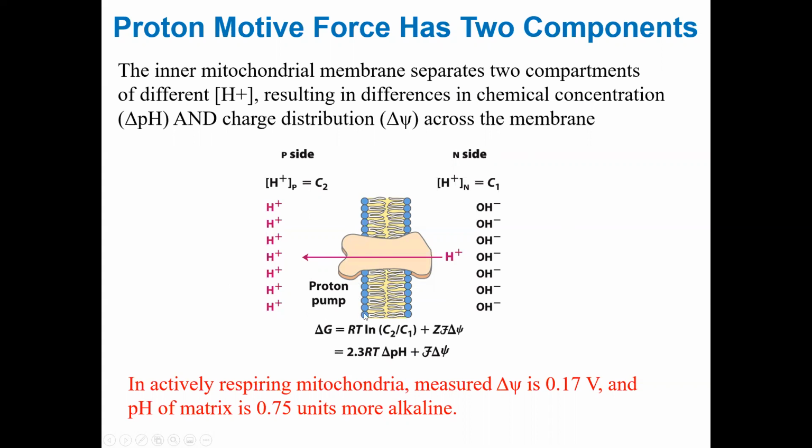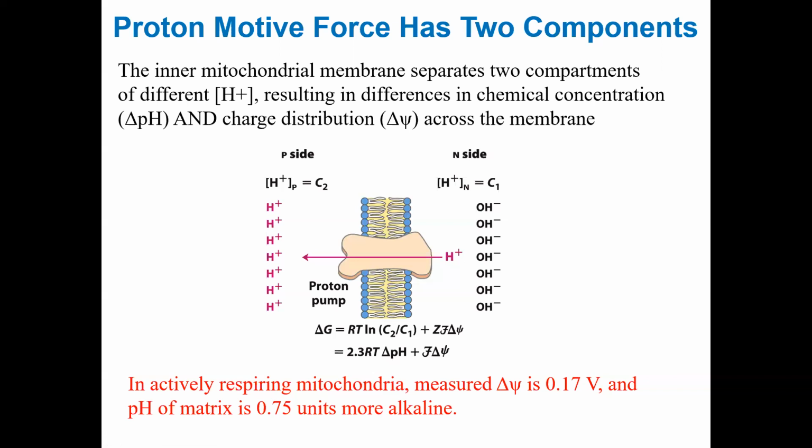And this free energy is utilized when the proton flows from the P side to the N side through F0, F1 synthase to synthesize ATP from ADP and inorganic phosphate. And this is all true, actually. You can literally measure the voltage, okay?